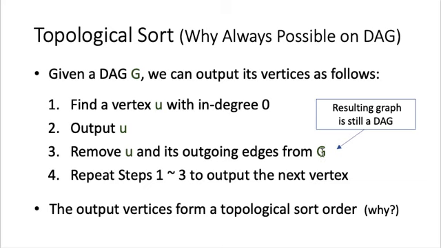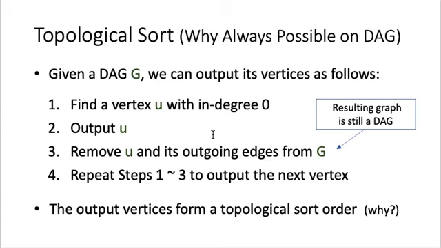Now notice that after doing this process, the resulting graph is still a DAG. It is because we are now taking away edges, so previously when there was no directed cycle, after we take away edges, there should still be no directed cycle.